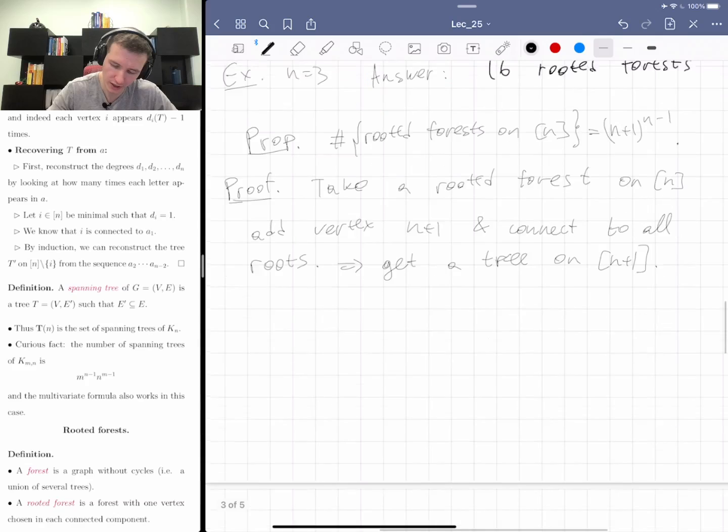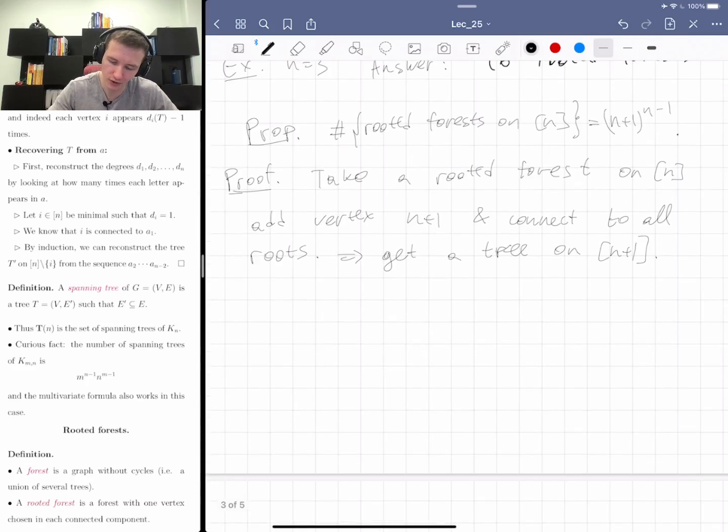And why can you reconstruct? How can you remember the special vertex which was connected to all the roots? Well, because the tree is labeled, the vertex n plus 1 is the special one.